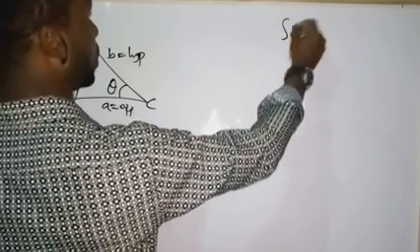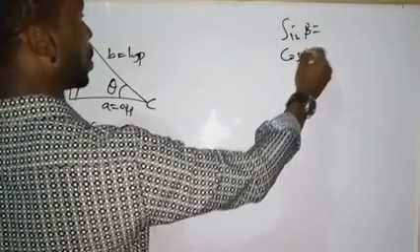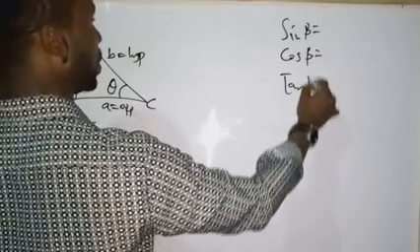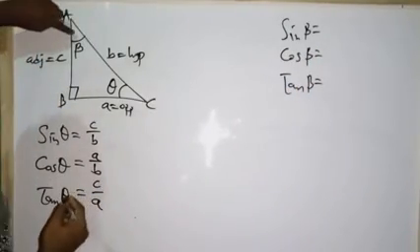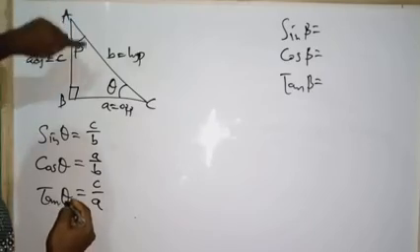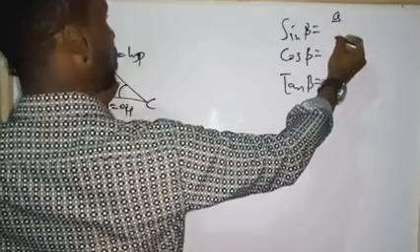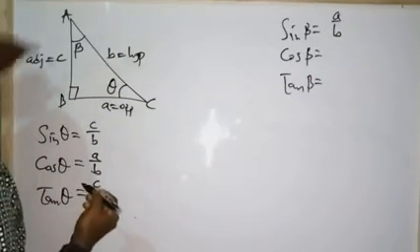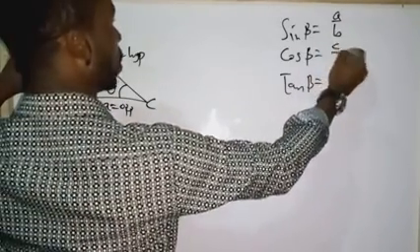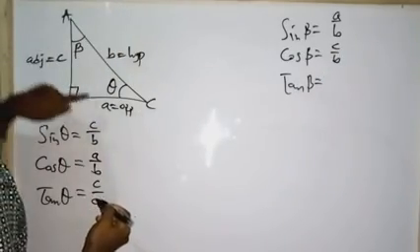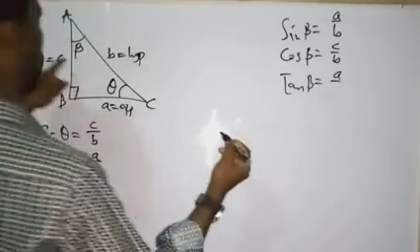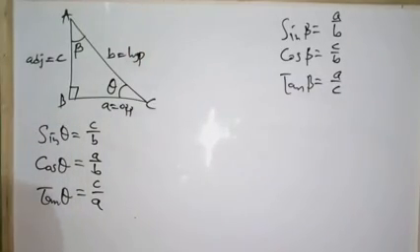So we have sine beta, we have cos beta, and we have tan beta, where sine beta is opposite over hypotenuse, that is A over B, and cos beta will be C over B, and tan beta will be A over C. Look at this properly because we are moving to something else very soon.